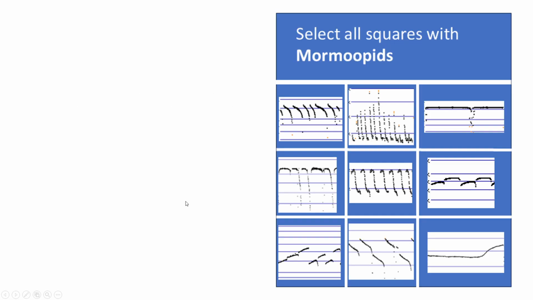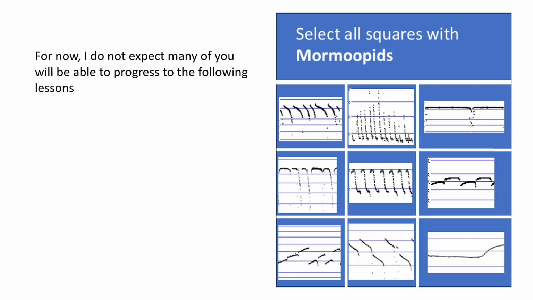So if we put the new CAPTCHA in there, you need to select all the calls with morphoapids. Which squares have morphoapids? So visually, your pattern recognition should pick that up. Well, actually at this stage, I don't expect many of you will be able to progress because you haven't practiced yet.